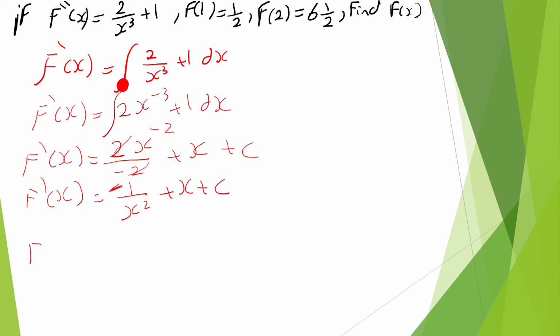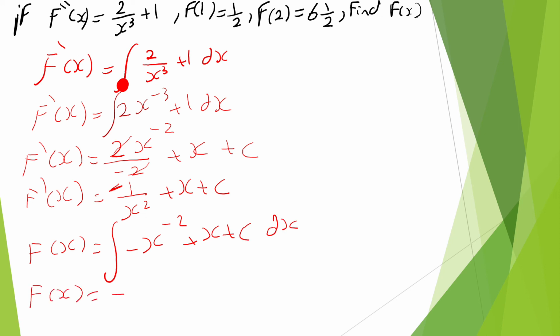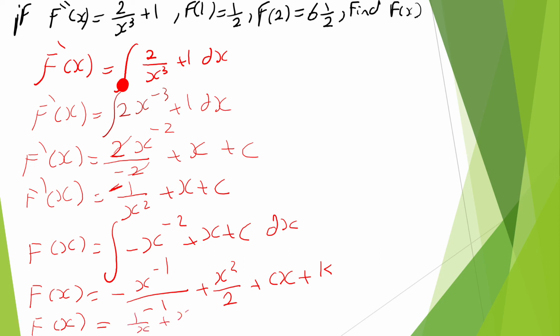Now we're going to integrate this again to get f of x. Right, so now we can simplify as much as we can, and that gives me 1 over x plus x squared over 2 plus cx plus k.